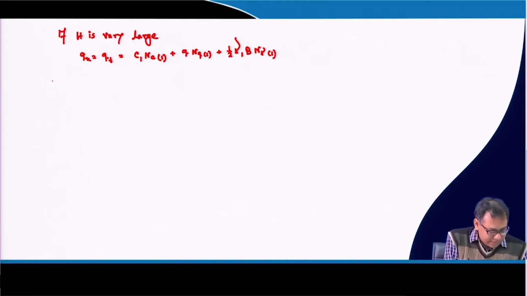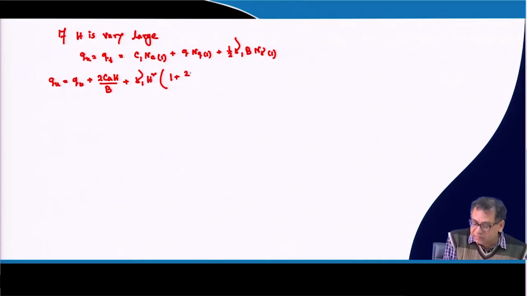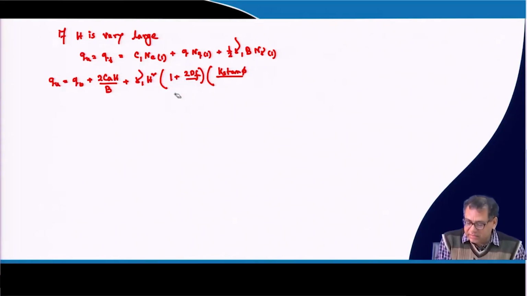So, finally, we can write that qu is equal to qb plus 2 Ca H by B plus gamma 1 H square (1 plus 2 Df by H) Ks tan phi divided by B, minus gamma 1 H, that should be less than or equal to qt.